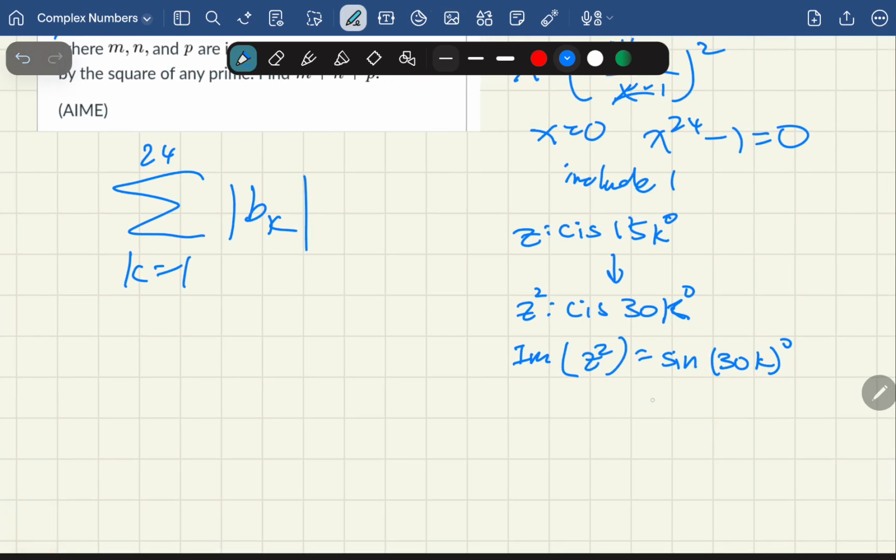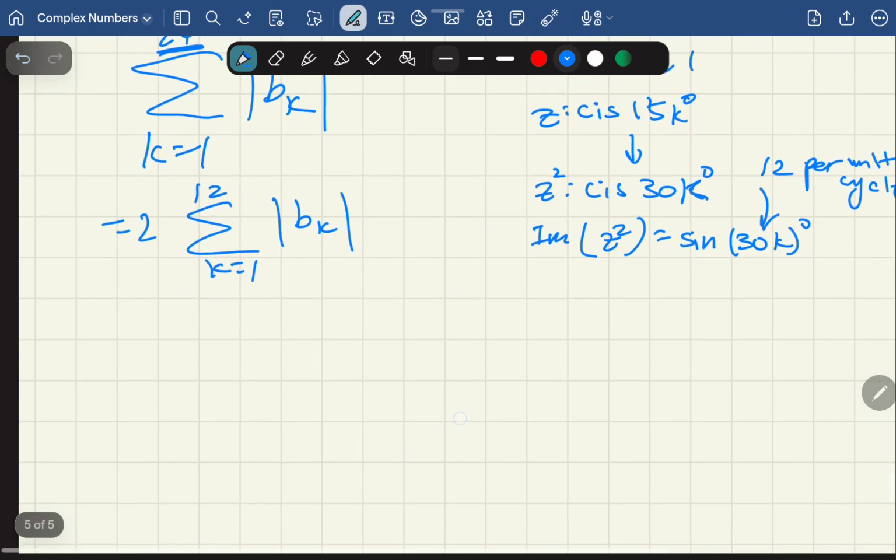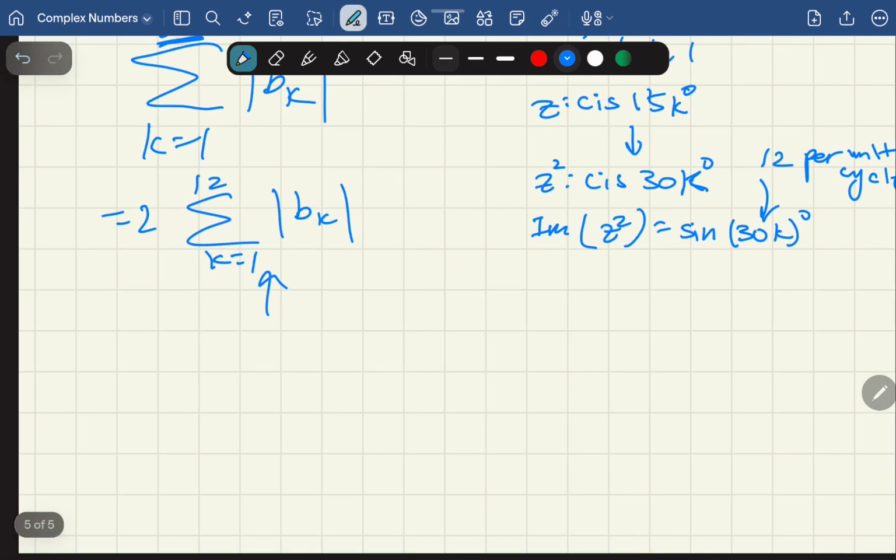Now, because we have 24 roots, that's just 2 cycles, right? Because 30 degree roots of unity will have 12 points per unit cycle. So we can just split this as 2 times the sum from k equals 1 up to 12 of this. And then we can include 1 because it doesn't do anything.